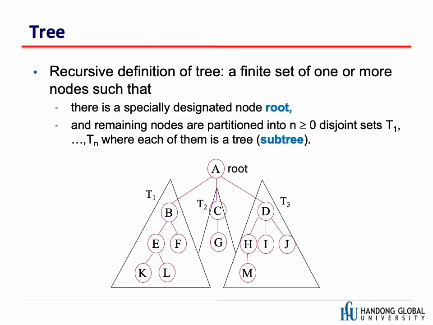When K is the subtree, K is the root node in that subtree, and then we have zero subtrees. So that's it. We can define a tree in a recursive way.